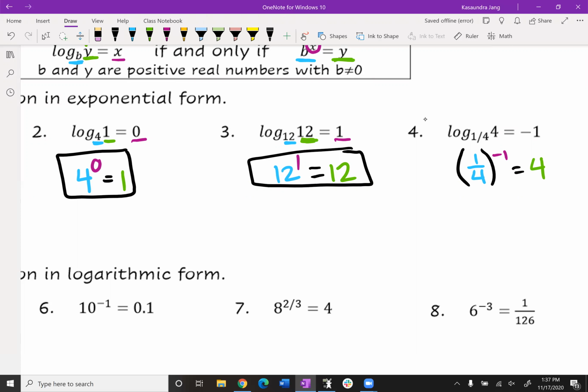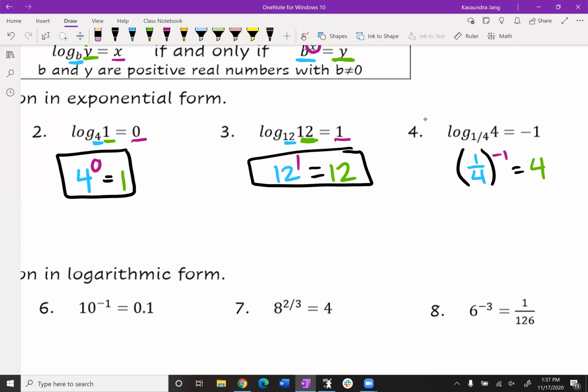Let's see, Landon, can you describe to me what negative exponents do? Landon, are you there, hon? All right, well, I'm going to reach out to Abigail then.